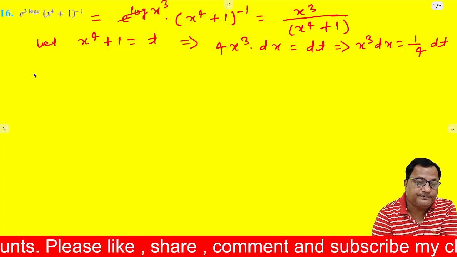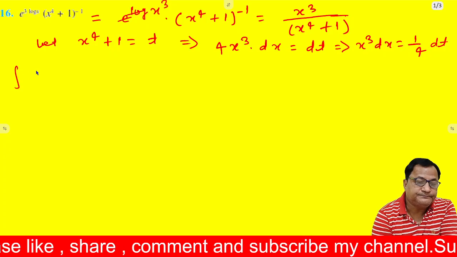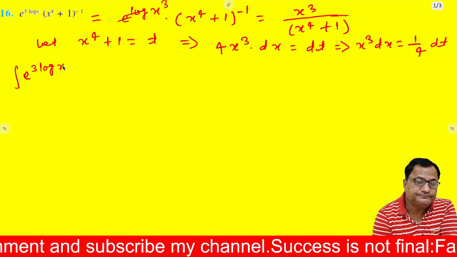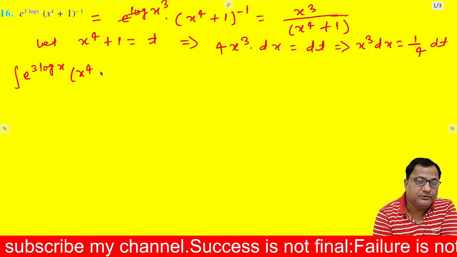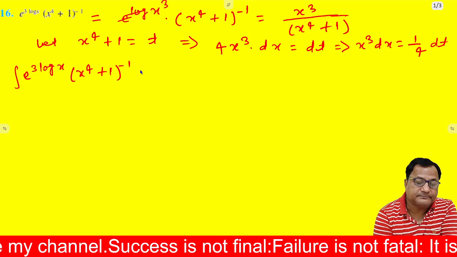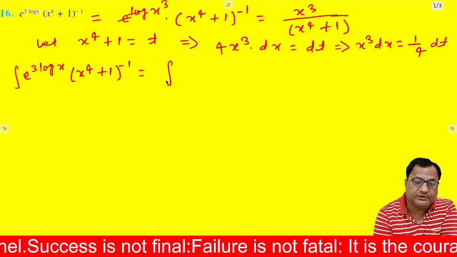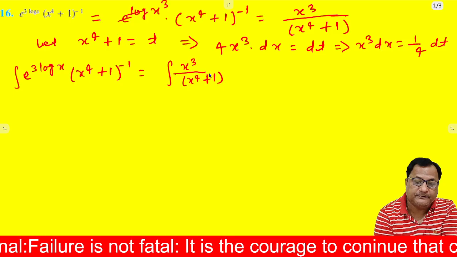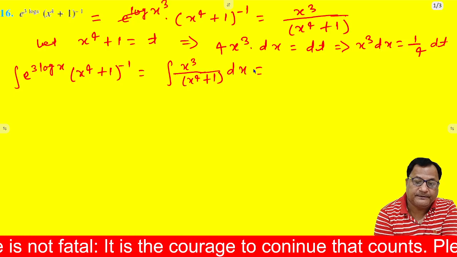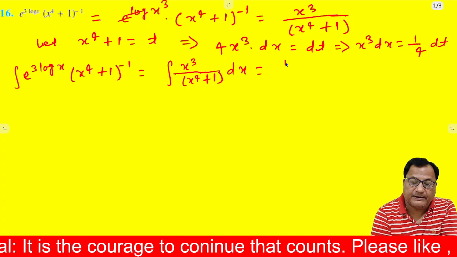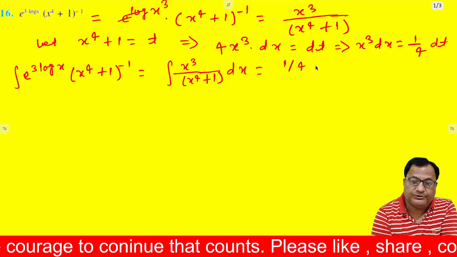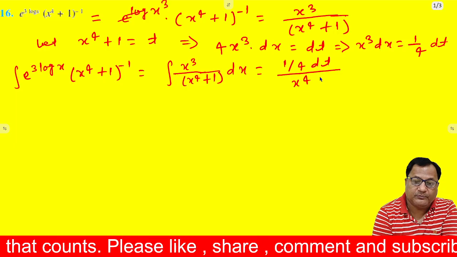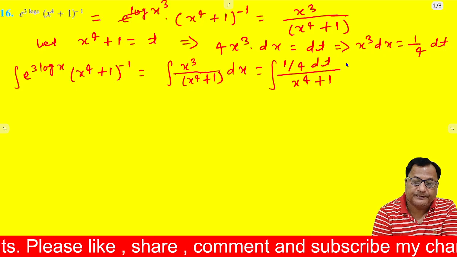So now we'll put it here. Integration of this, e^(3 log x) upon x^4 plus 1 minus 1, is equal to integration of x cube upon x^4 plus 1 dx. x cube dx is 1 by 4 dt, divided by x^4 plus 1, which is t.